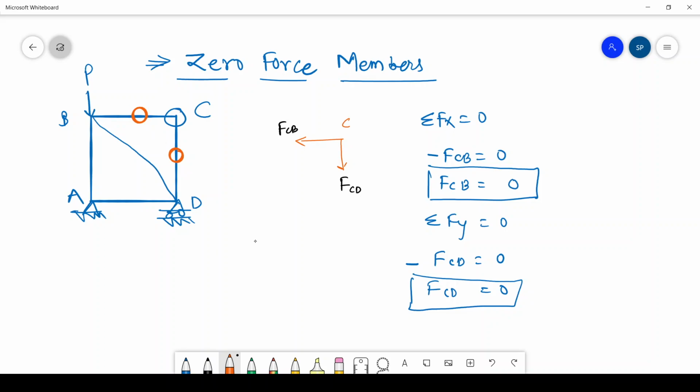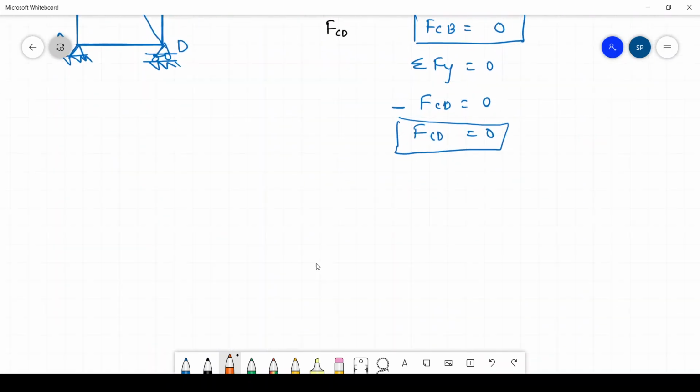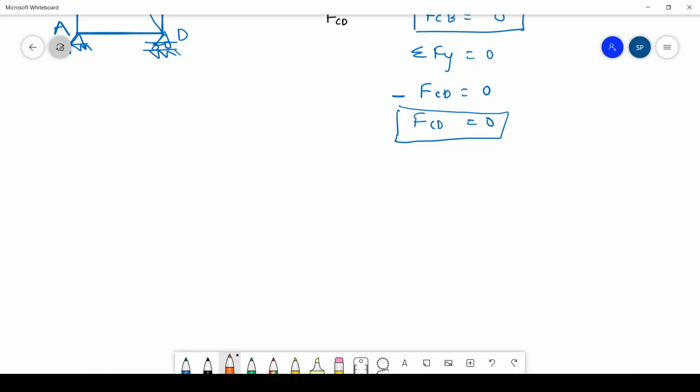So any corner joint which is not subjected to any external load will give you zero force members at that junction. So there are typical joints which result in zero forces.